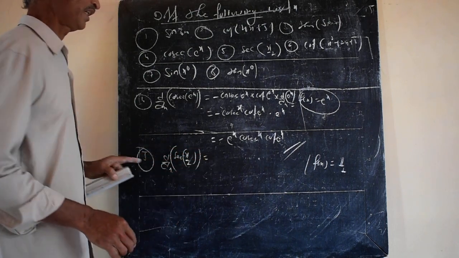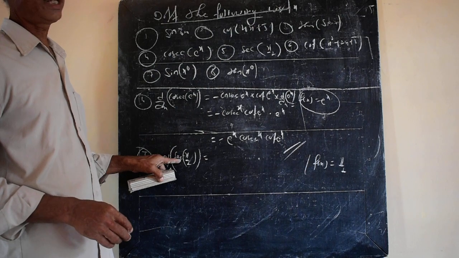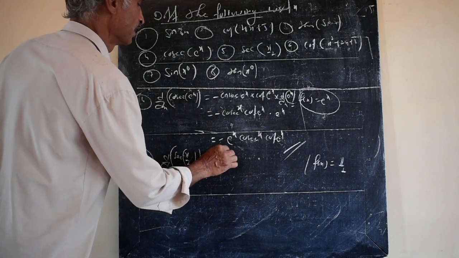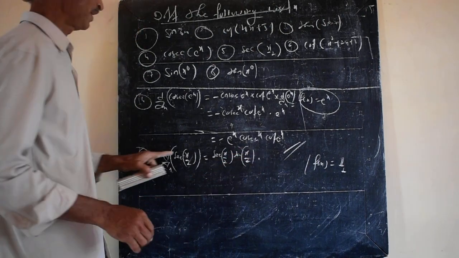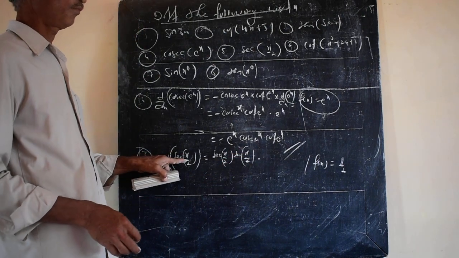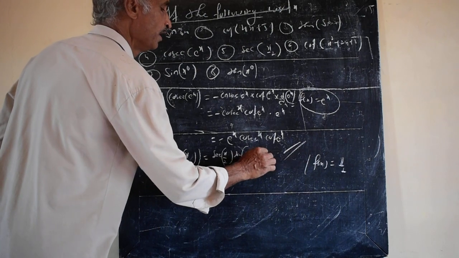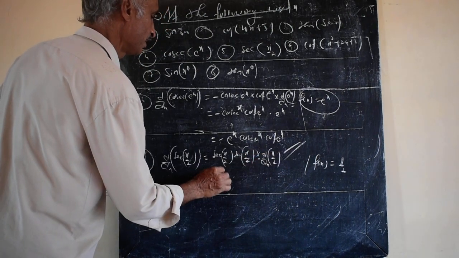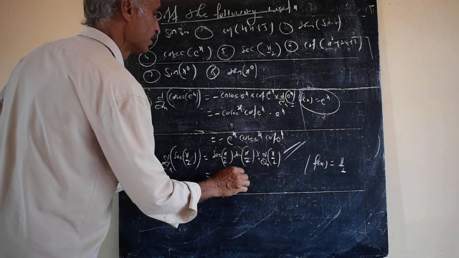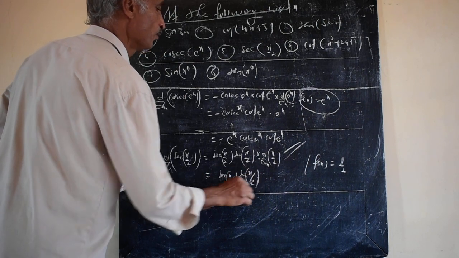Okay. So what is the sec differentiation? Sec into tan. Or simply write down sec x by 2 into tan x by 2. Since simply x is not there, x by 2 is there, therefore you have to multiply d by dx of x by 2. It is sec x by 2 into tan x by 2 into the differentiation of x by 2.